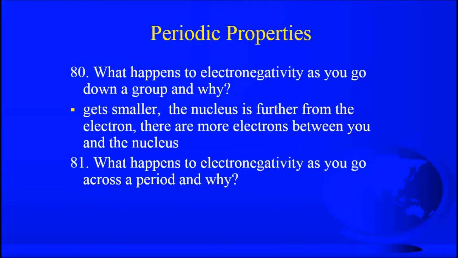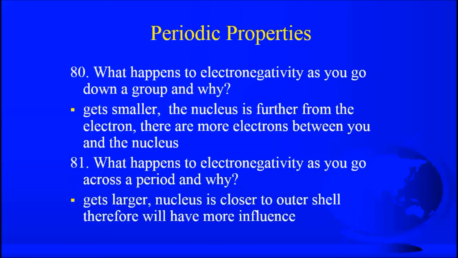There are more electrons between you and the nucleus. What happens to electronegativity as you go across a period, and why? It gets larger, the nucleus is closer to the outer shell, so it's harder to rip away that outermost electron. It's harder to be attracted to the nucleus too.